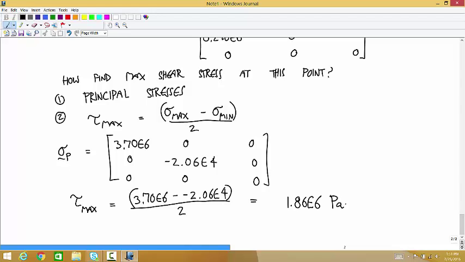So compare that to the shear stress that the material is capable of withstanding, and that would give you a sense of how much risk you're in for fracturing at that particular point. Because remember, we just did this calculation for points along that one line.